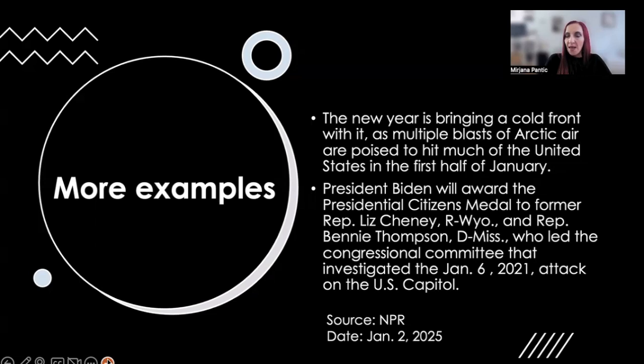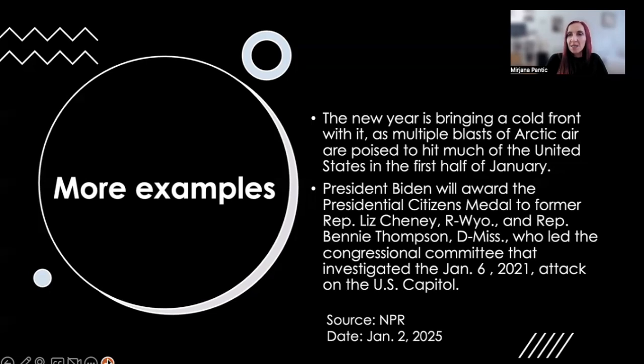So I would say that instead of listing these representatives, I would just say President Biden will award congressional committee members who investigated the January 6, 2021 attack on the US Capitol. And then I will explain in the second paragraph of the story who the congressional committee members are who will receive the Presidential Citizens Medal award.